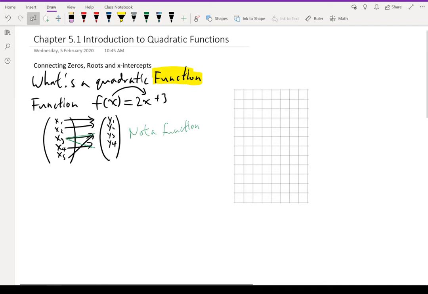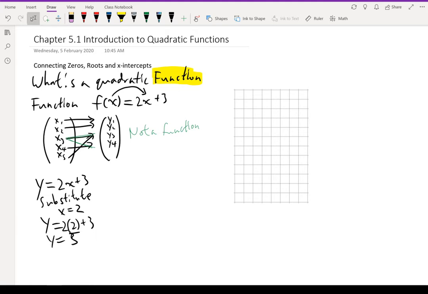Now let's bring up a very simple function, f of x equals 2x plus 3. You may have seen the equation written as y equals 2x plus 3, in which the y value will be whatever x value you put in. So for example, if I substitute x equals 2, then we have y equals 2 times 2 plus 3, which is 7.